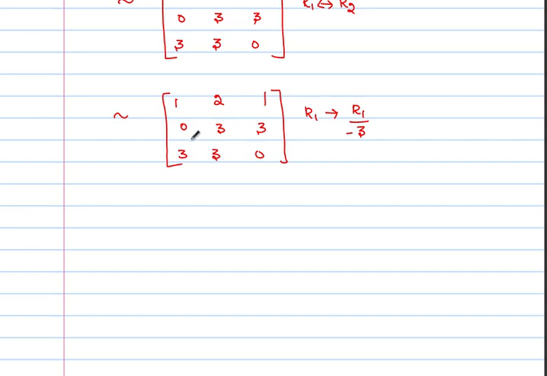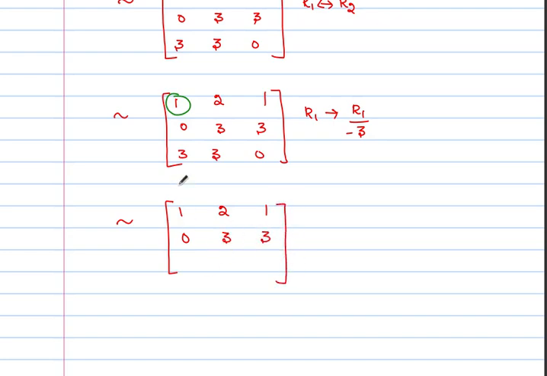Next step, I fix this as my pivot element, so everything below it must be 0. The second row, first column is 0, so I don't bother about it. The third row, first column is non-zero, so I want to make it 0.